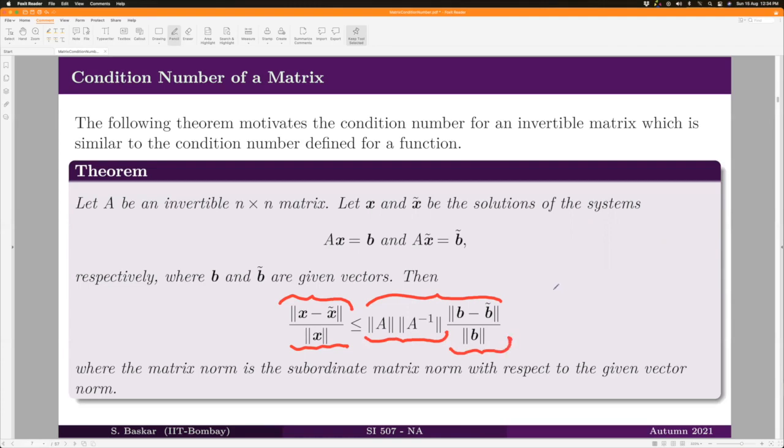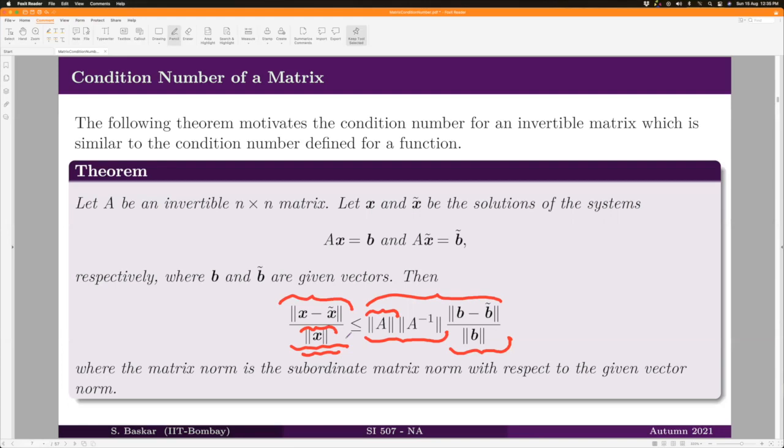Here you should note that this represents the matrix norm, whereas this represents the vector norm, where this matrix norm is the subordinate matrix norm with respect to this given vector norm. It means in this theorem, we are given a vector norm, and then we generate the corresponding subordinate matrix norm from that vector norm. And then we are using these two norms in the estimate. We should keep this in mind.